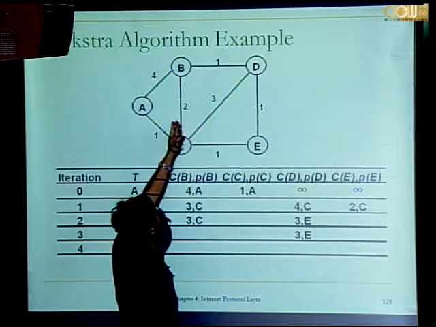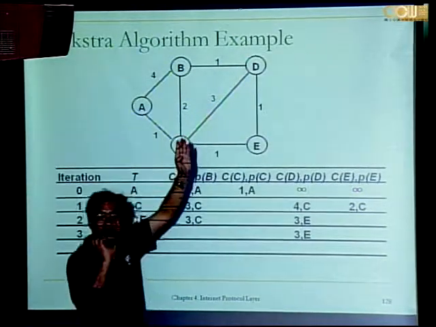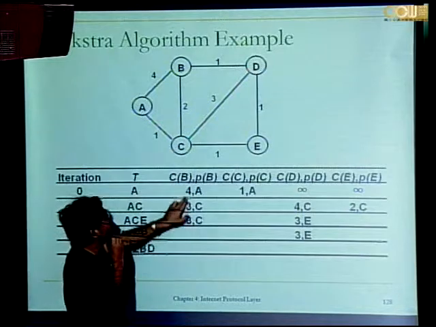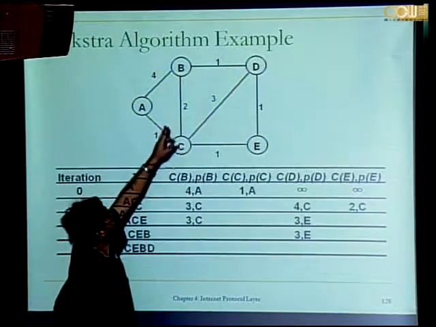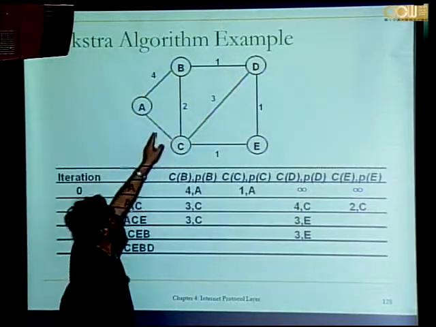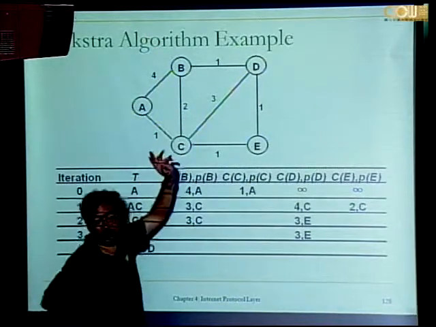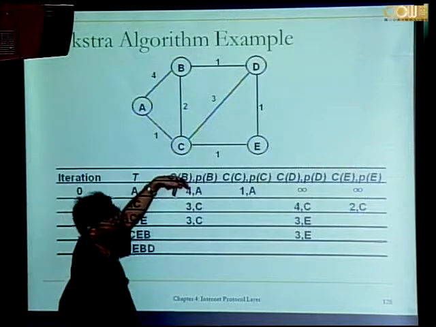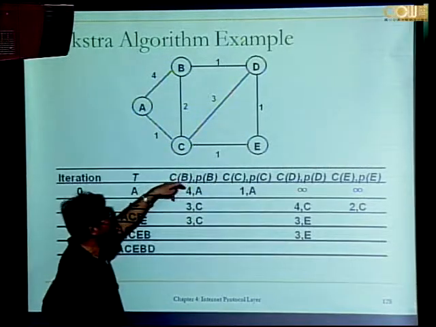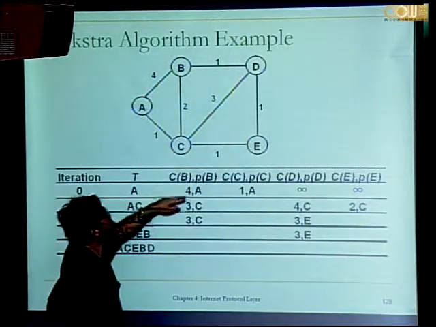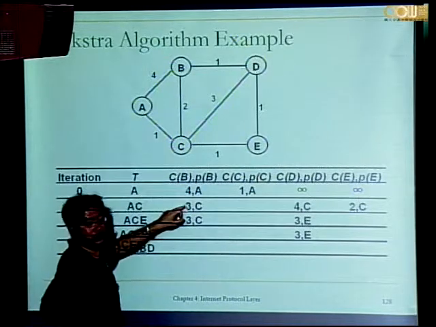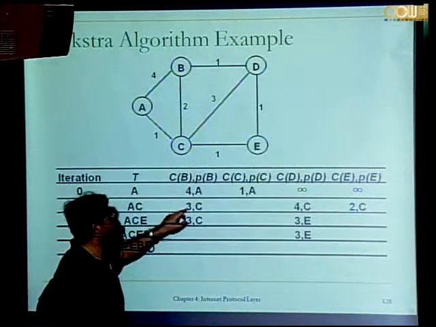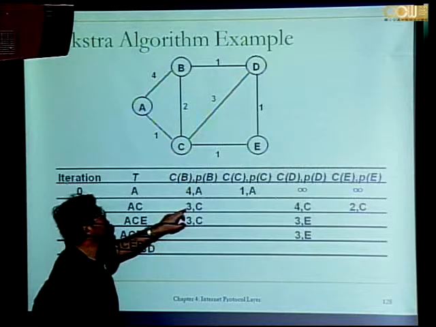I find out that I can relabel B, because I can reach B in a distance of 1 plus 2. That would be 3, and 3 is smaller than its original label, 4, which is from A. So I relabel it immediately.